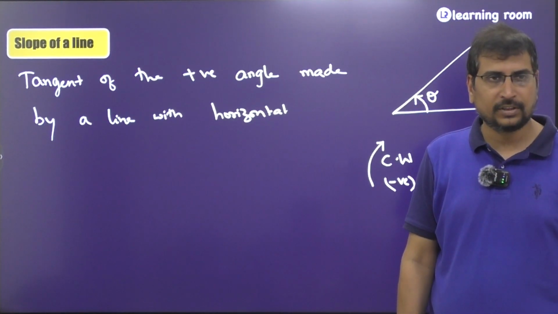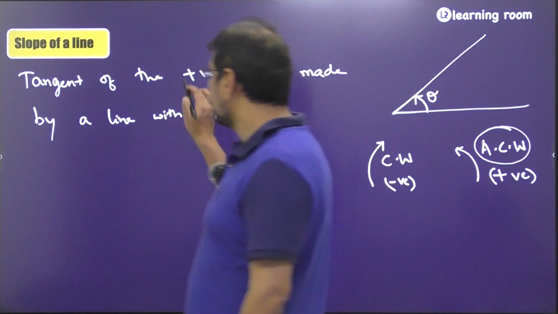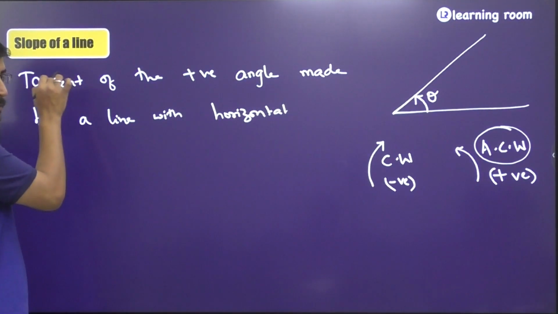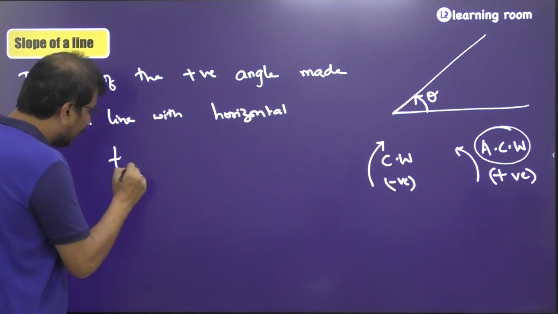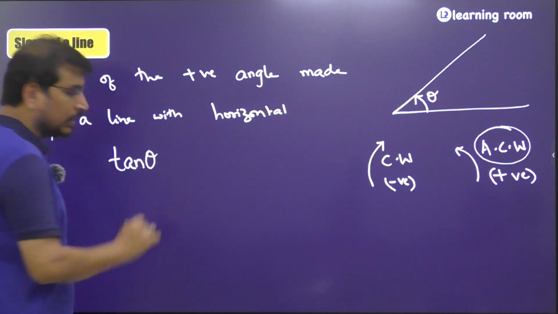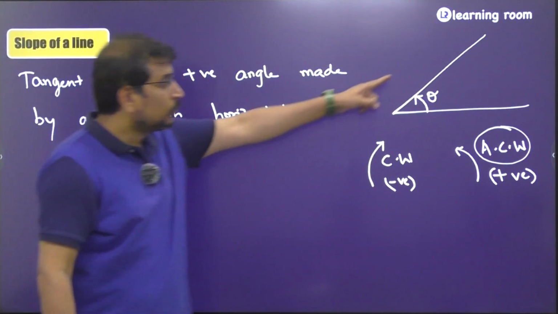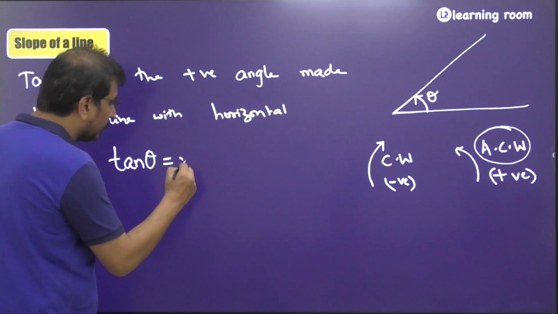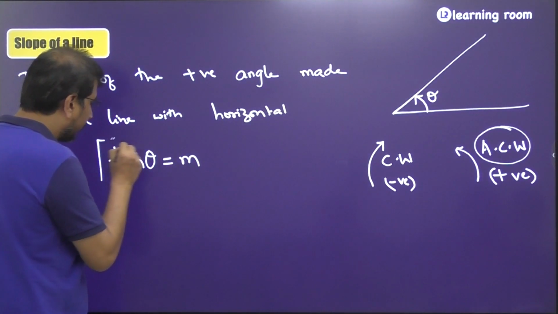Are you able to understand what I'm saying? Listen to this carefully. What is this tangent I'm speaking about? It is tan. Tan theta is what is called the slope of this line. The slope of a line is always represented with the symbol small m.